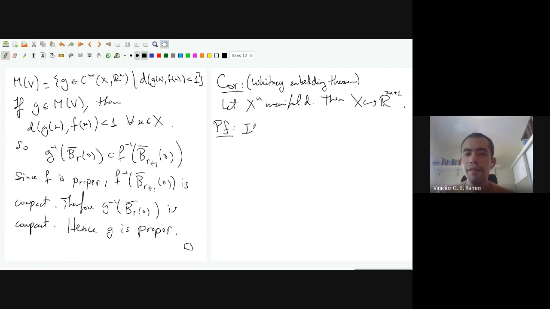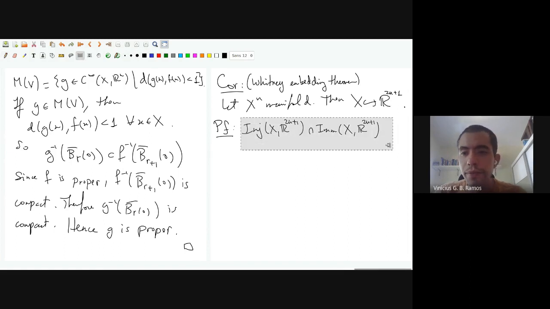We know that the set of injective immersions is residual. So that means that it's dense, so when you intersect with any open set, then it's non-empty.